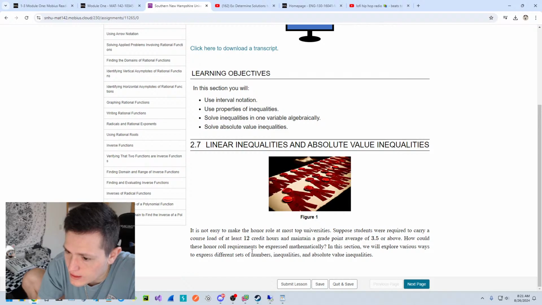You have to have at least 12 credit hours maintained in 3.5, and this is in just a semester, I think, right? No, I think this is something else I was reading.